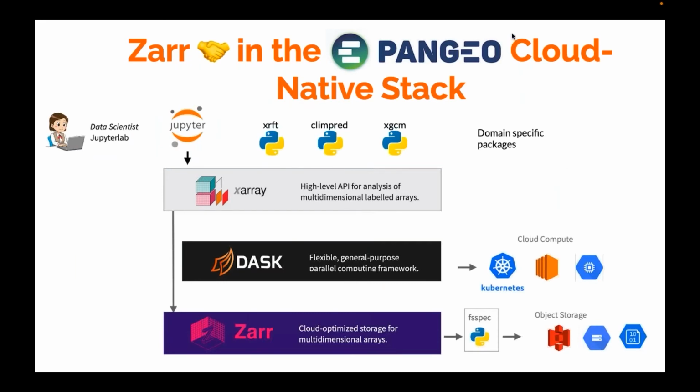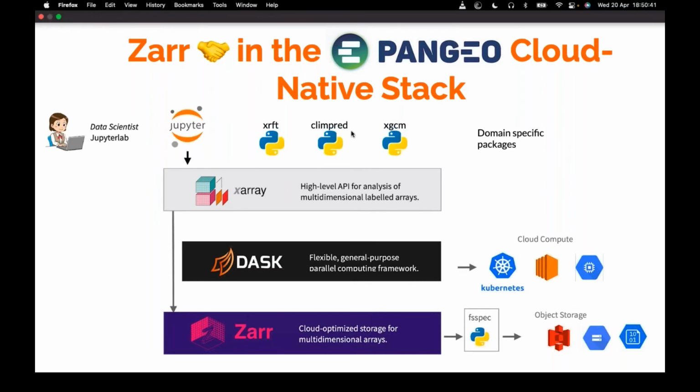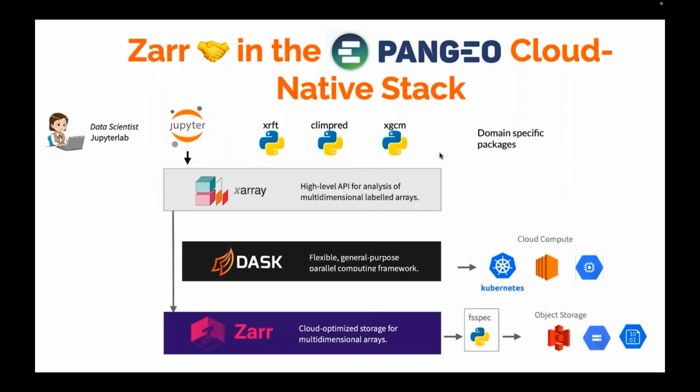Zarr is often used in the geospatial context as part of the Pangeo cloud-native software stack that interoperates with Dask and Xarray. This stack allows us to take advantage of cloud object storage on every cloud provider. It allows us to scale out using Kubernetes or other distributed computing low-level primitives provided by the clouds.